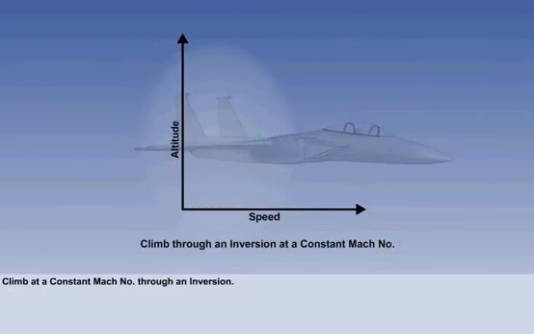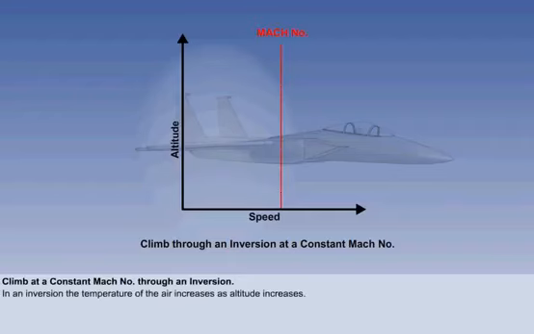So far, we have only looked at the Mach TAS-CAS relationship which occurs in the International Standard Atmosphere, or ISA. So what happens if the atmospheric conditions do not follow the conditions assumed in the International Standard Atmosphere? To answer this, let's climb at a constant Mach number, and let's say we are climbing through an atmospheric inversion.